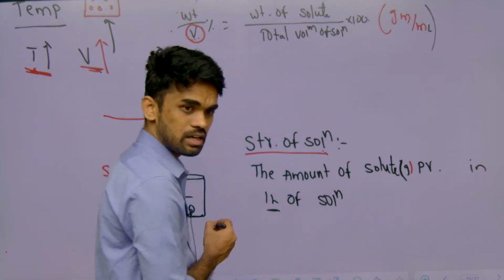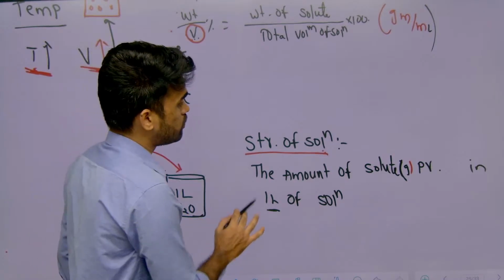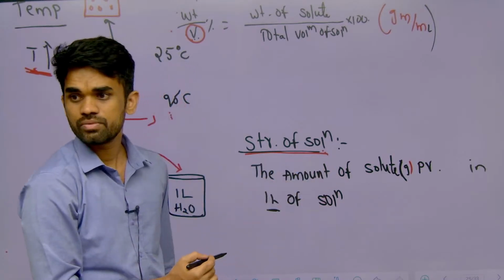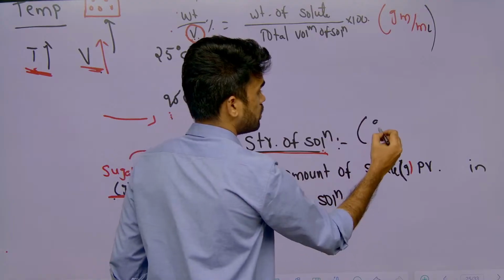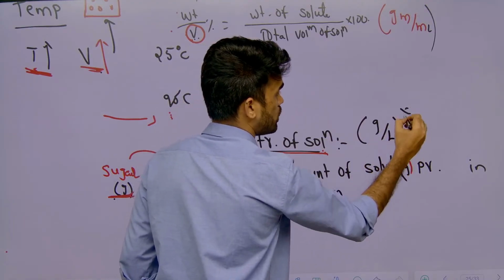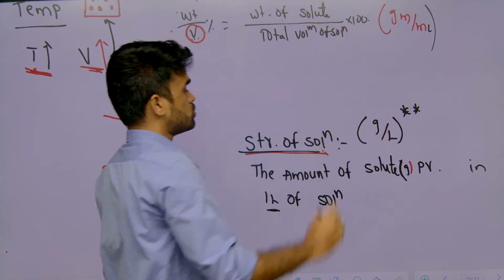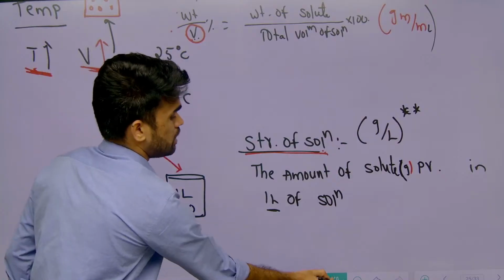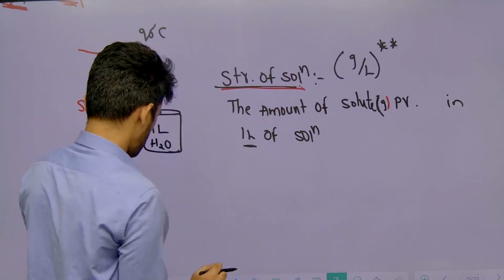Volume, how much do I take? 1 liter. So simply, what are the units of strength of solution? Gram per liter. These units are important first of all. So gram per liter. What is the formula you should make?